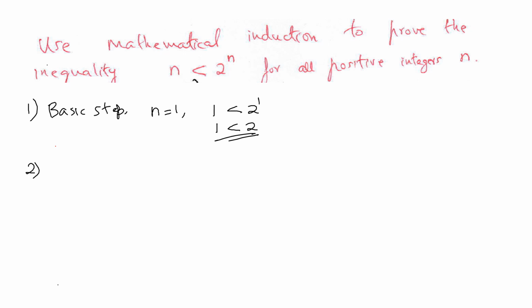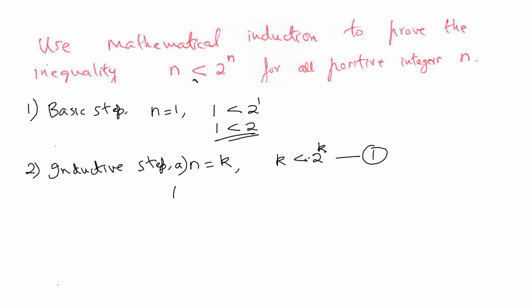The second one is inductive step. In inductive step, there are 2 cases. First one is for n is equal to k. Let us call it a, n is equal to k. So when n is equal to k, it means k less than 2 to the power k. You call this equation 1.